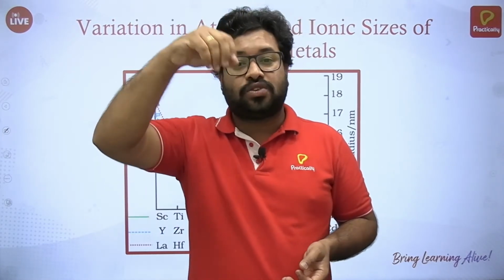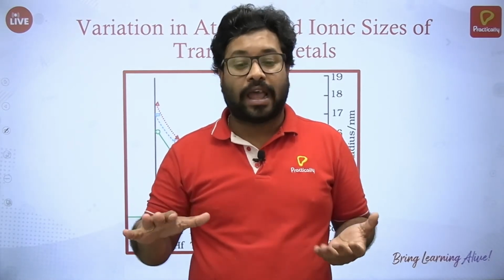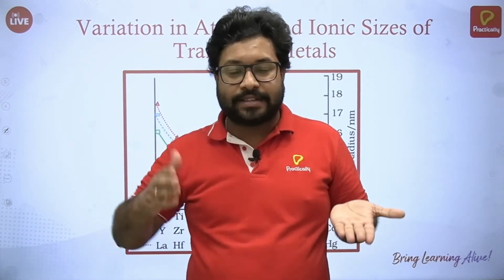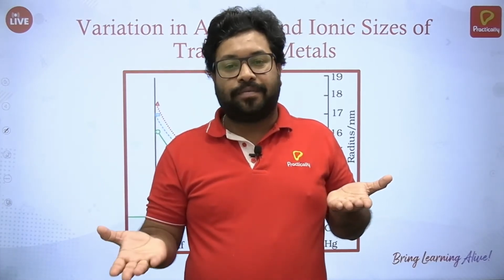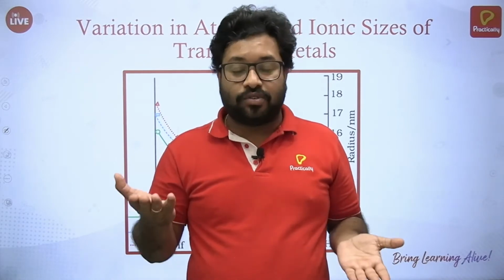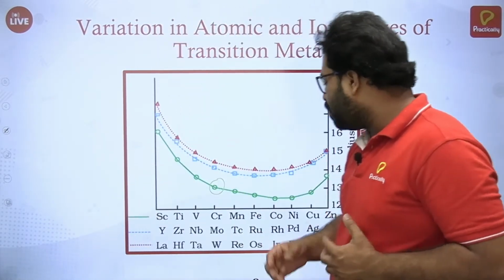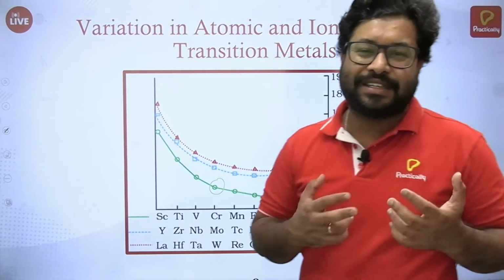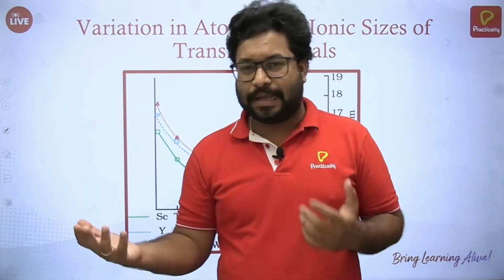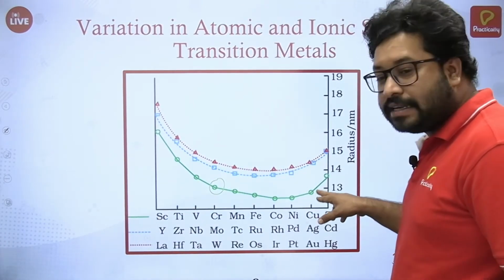So because they show the weak shielding effect, both these opposing factors try to balance each other. The shielding effect of d electrons and the increased nuclear charge oppose each other, and that is why when you go from chromium to zinc via copper, size does not change that much. Practically, it stays the same.